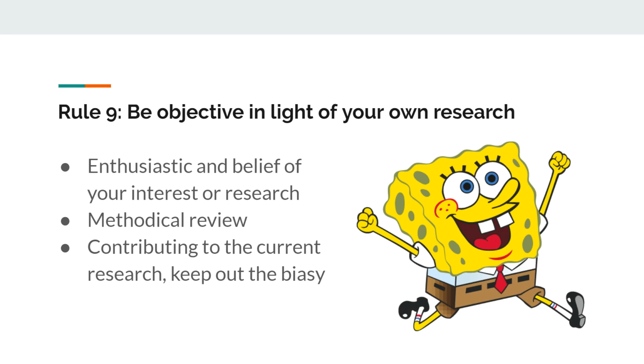It's a methodical review, meaning that you have actually gone through and read the literature and it makes sense and it's relevant, all things that we've already talked about. And keeping out the biases. Like I said before, related to the other rule, even though you may think your topic is the best topic ever, you also want to make sure that you are presenting it with a non-biased view.